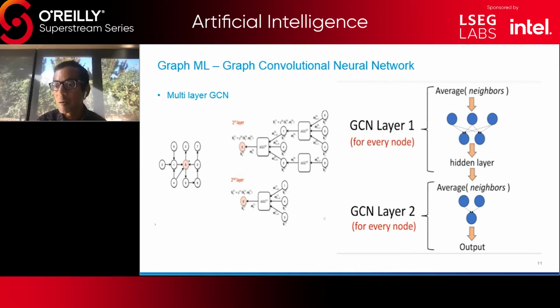The averaging of the neighbors summarizes the approximation of some of your neighbors, right? So this is actually a multi-layer GCN. You can think of it as the first layer of GCN: you approximate your neighbors, then pass it through a nonlinear neural network with some kind of activation function, like a ReLU, right? Then that becomes the input to the next layer of GCN.